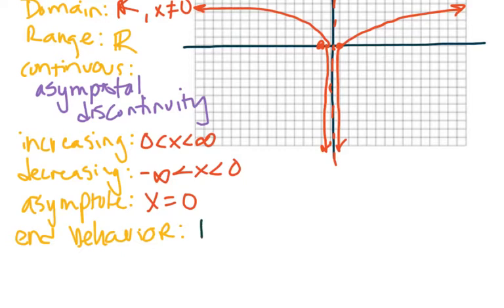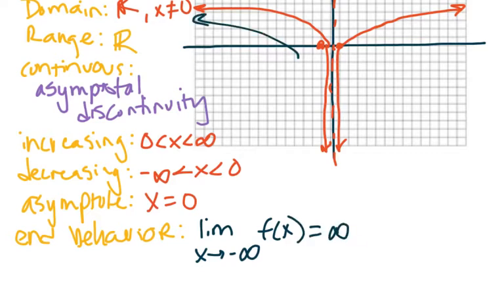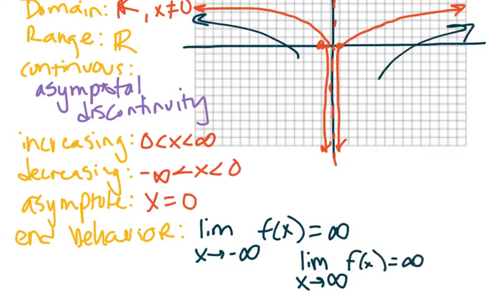And so the limit as x goes to negative infinity of the function, so as it goes this way, is going to be positive infinity. And then the limit as x goes to positive infinity is also positive infinity. So basically up at both of the ends.